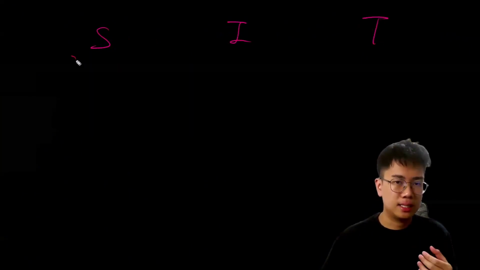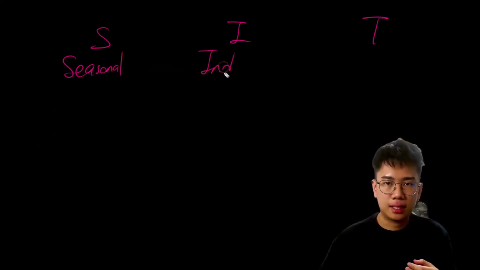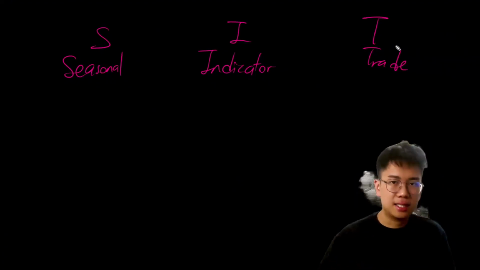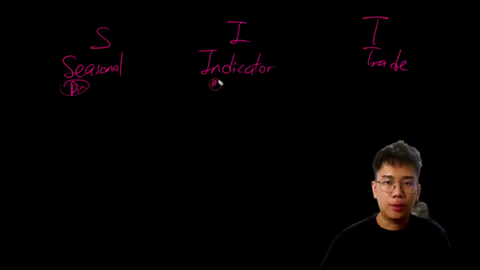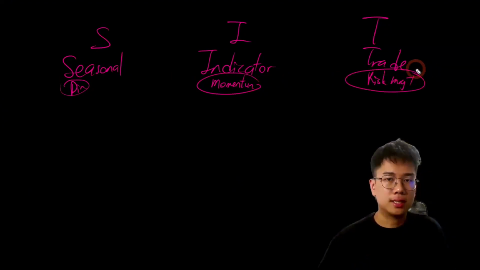S is for seasonal, I stands for indicator, and T is for trade. The idea behind is that you have to identify the market direction, the market momentum, and then do the risk management. So what does that mean?